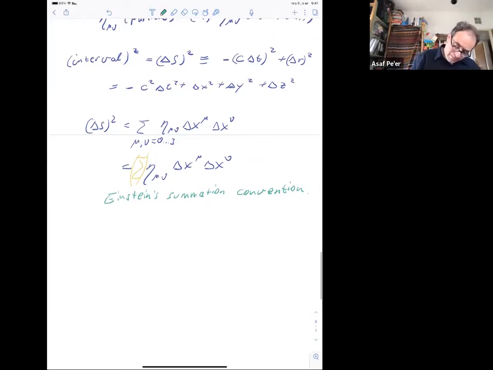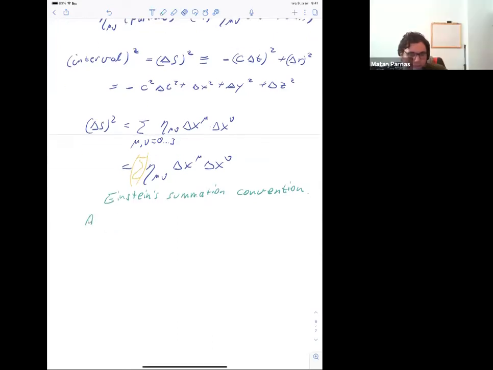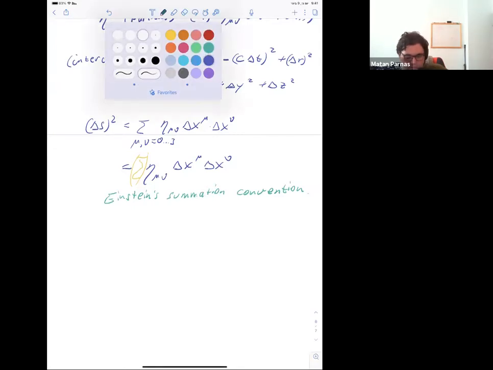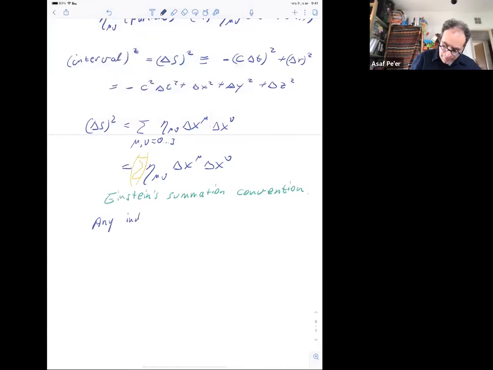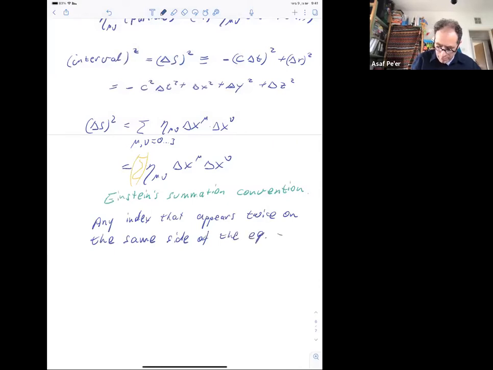Okay, any index that appears twice on the same side of the equation, once as upper and once as lower, is a dummy index.